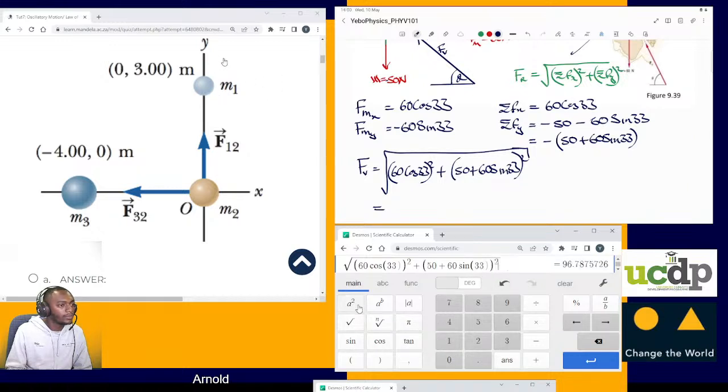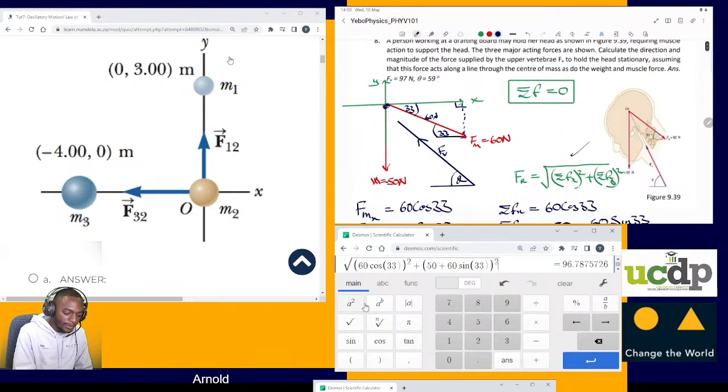Square that. Get 96.7. Which is what we were expecting to get.